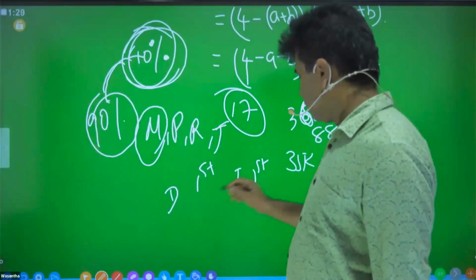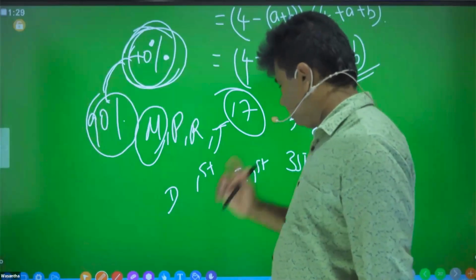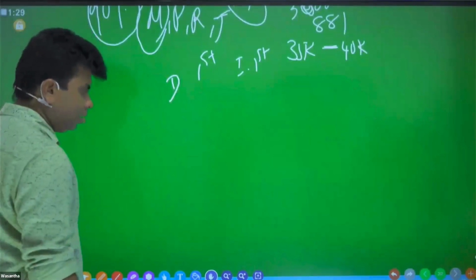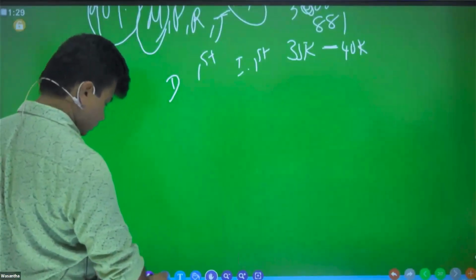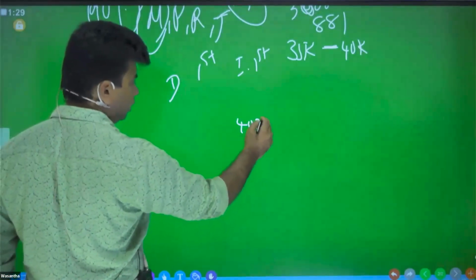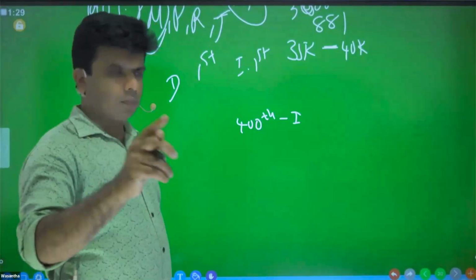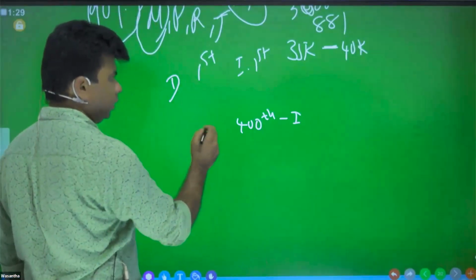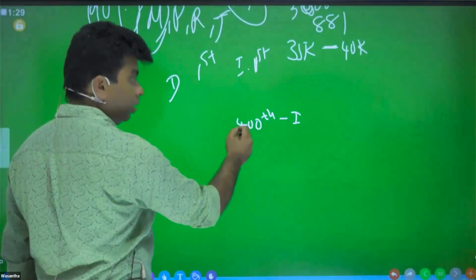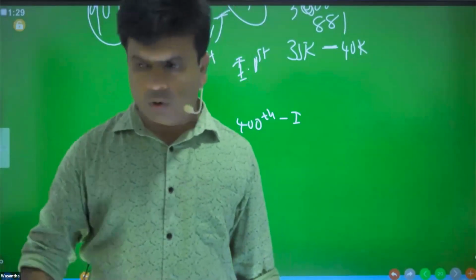Anyway, district first, island first. Now suppose in Colombo the island rank goes from island first to island 400, while the district rank goes from first in the same way. Can that happen? It never happens.